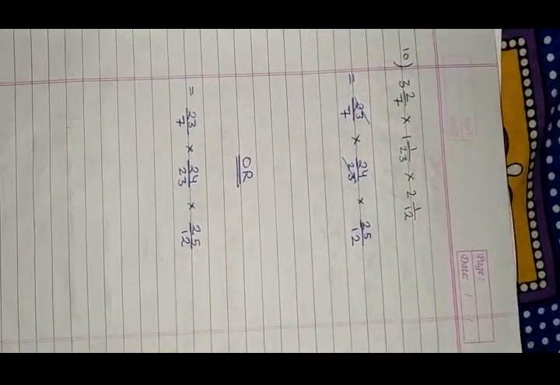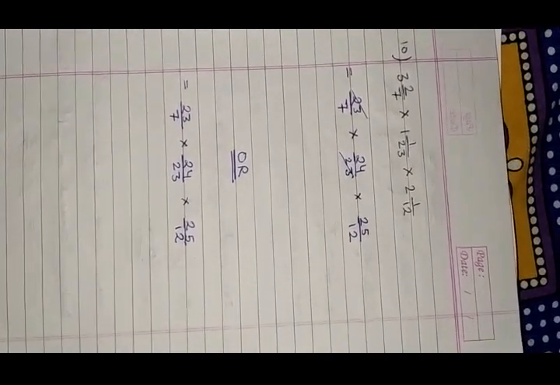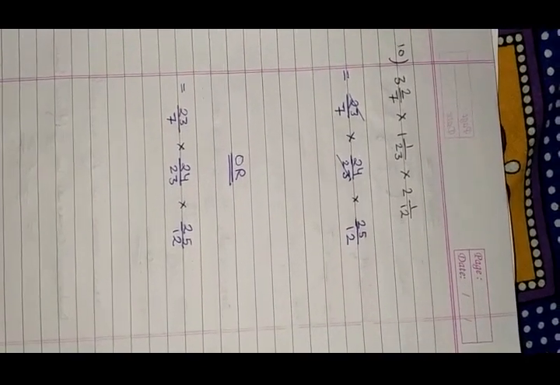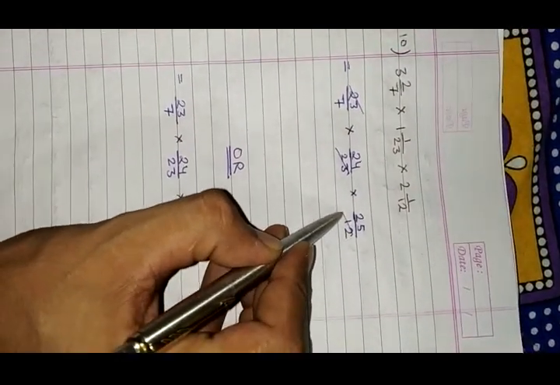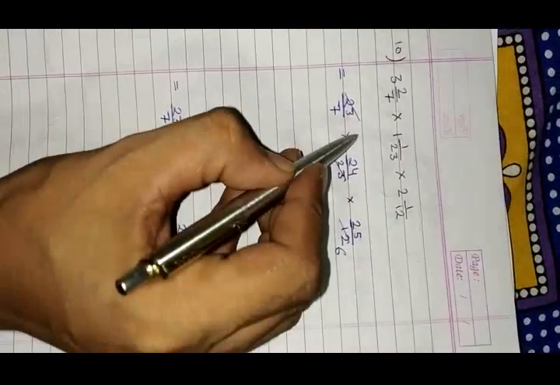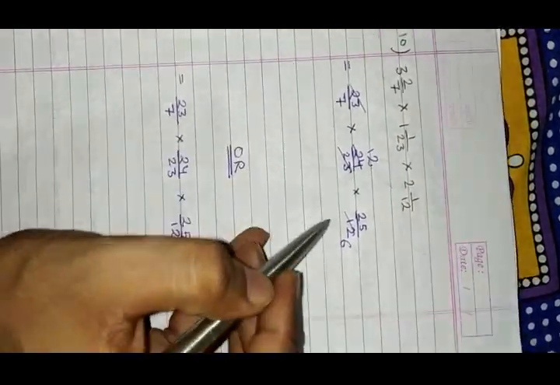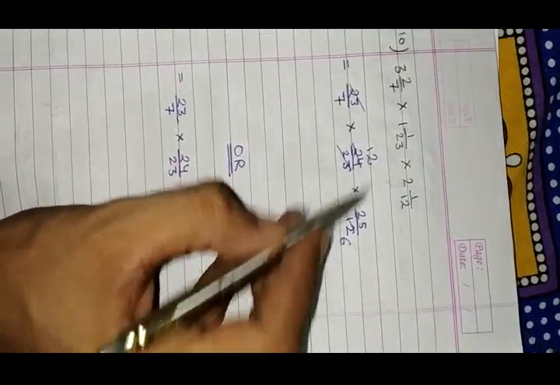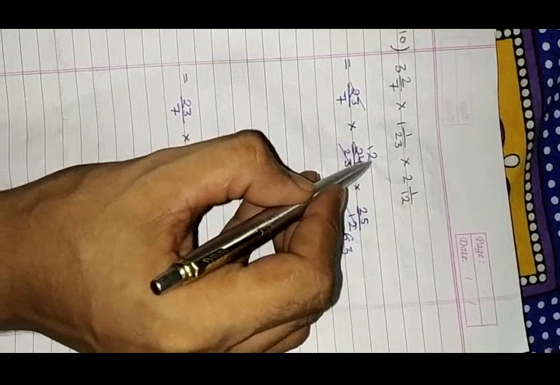Now 24 and 12 both have common factors. Okay, 2 is a common factor in both the numbers. 2 sixes are 12 and 2 twelves are 24. Okay, again there is a common factor 2, so 2 threes are 6.